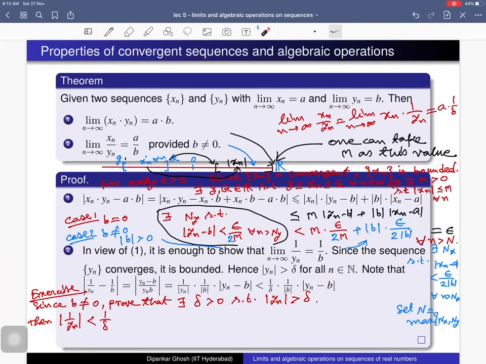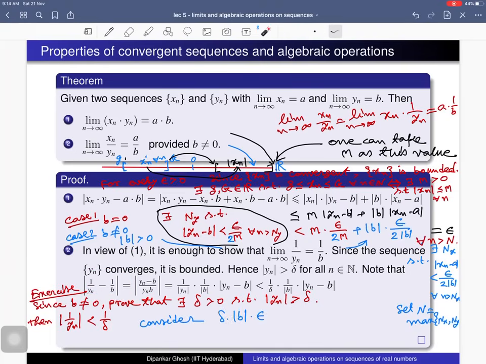Okay. So since b is the limit of yn, b should satisfy the epsilon-n condition. Ultimately we should prove that this distance is less than epsilon after a certain stage.